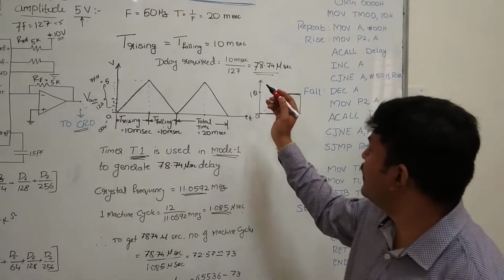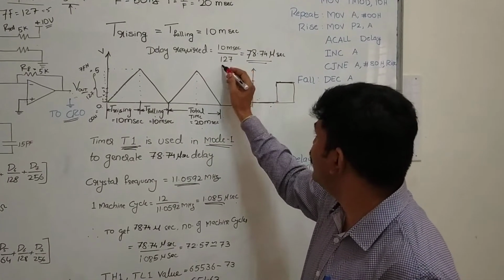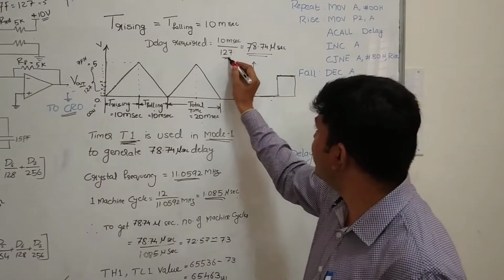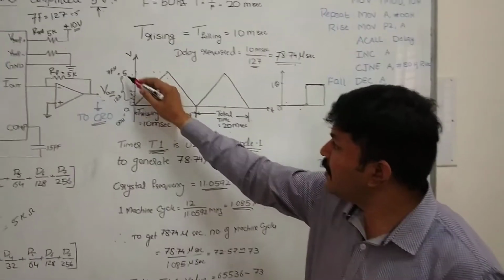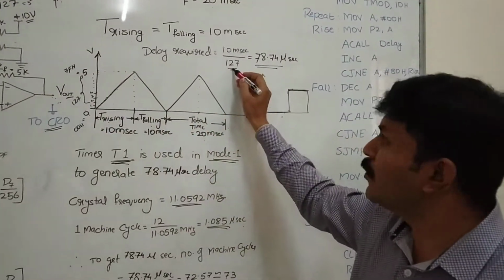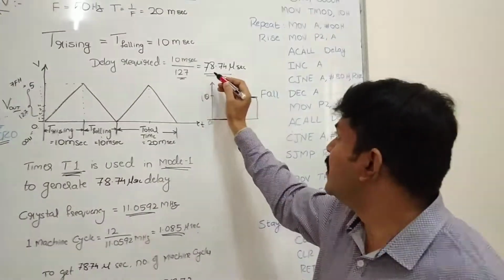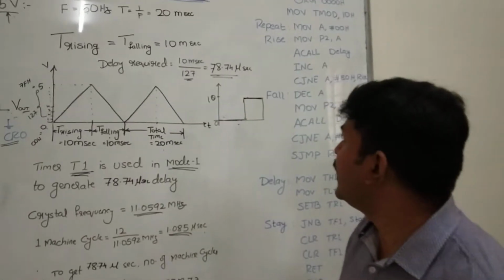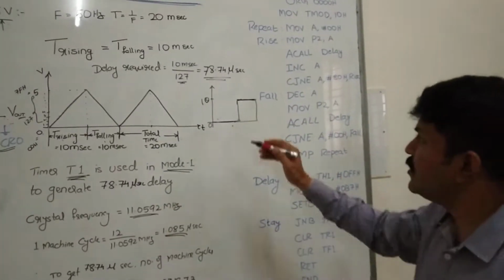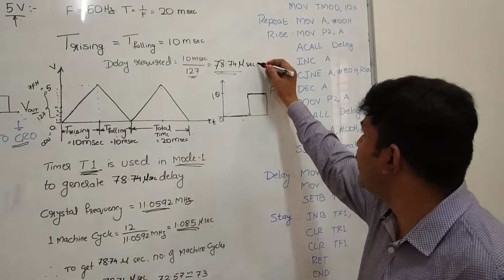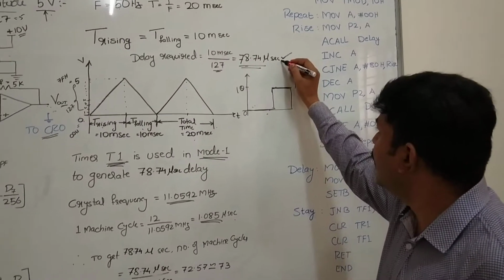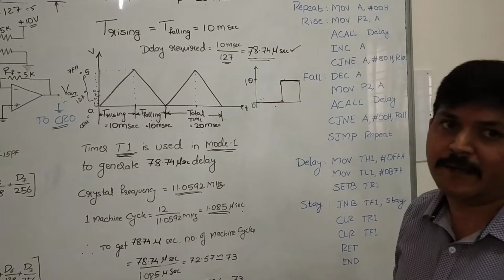And I will divide this 10 milliseconds into 127 voltage levels, as I explained, dividing 0 to 5 volts into 127 levels, giving me a delay of 78.74 microseconds. This is the delay which I require in order to generate the triangular wave.